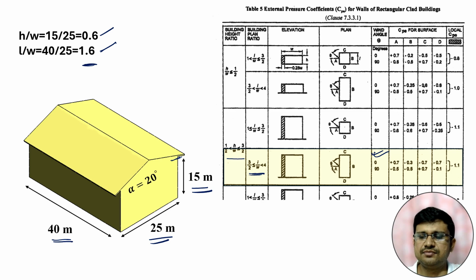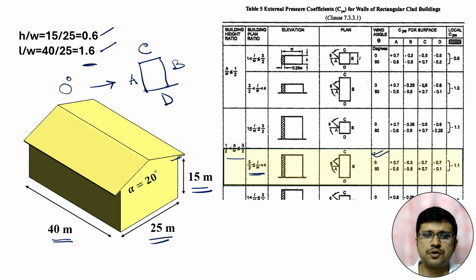And this is the CP value for different cases. For the 0 degree case, when wind is coming from 0 degree, it means wind is hitting the longer direction. When wind hits the longer direction, these are the different faces of the building: this is A, this will be B, this will be C, this will be D. When wind comes from 0 degree, the CP value for face A is plus 0.7. Plus means always pushing the face.